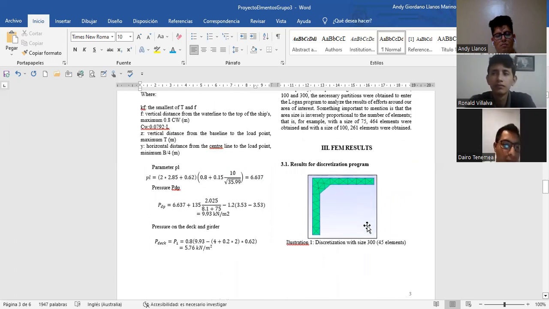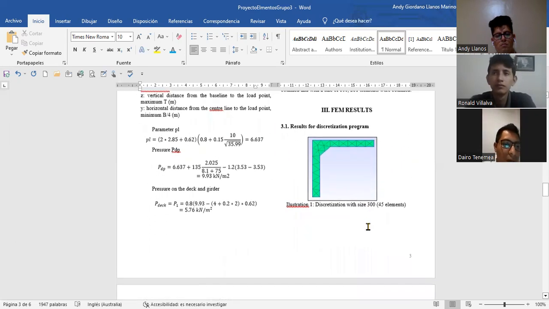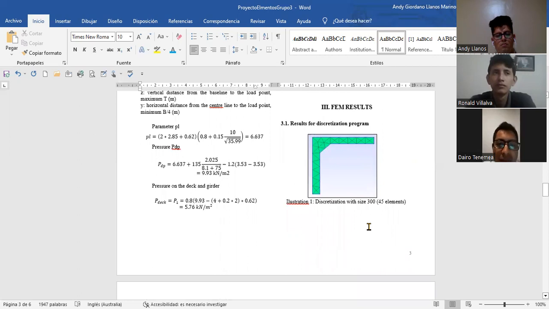First, for the discretization, we use 45 elements, and then we develop more partitions by decreasing the size of all the elements, and we obtain more elements for the discretization.